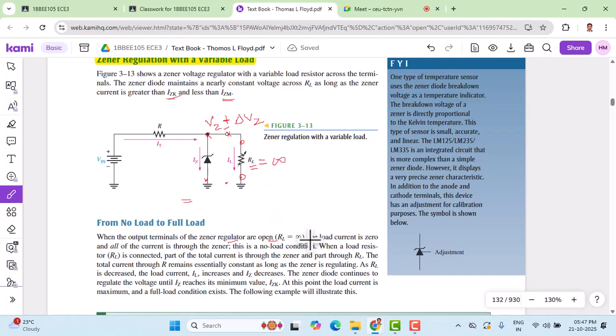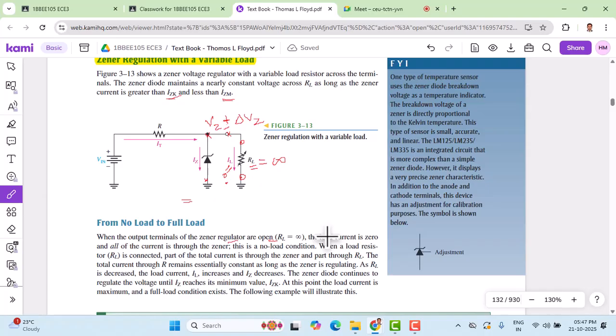When the resistance becomes infinity, definitely the load current becomes zero, because no current will be flowing through it, and whatever the incoming current, the total current IT, which can be IZK or IZM, now the complete current will be flowing through the Zener diode.